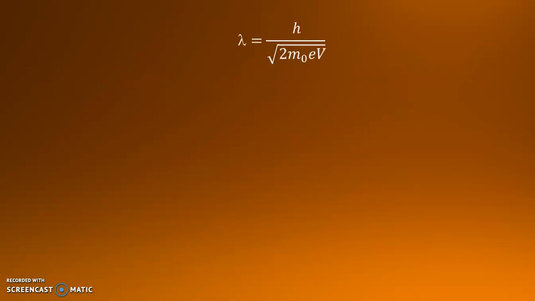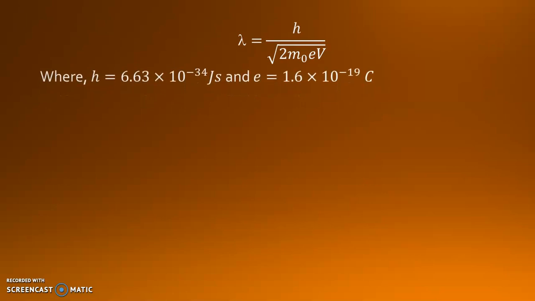Now as we have written, lambda is equal to h upon under root 2 m naught eV. Here h is the Planck constant having value 6.63 into 10 to the minus 34 joule second, and small e is the charge on the particle.